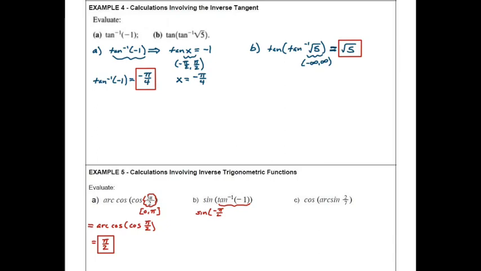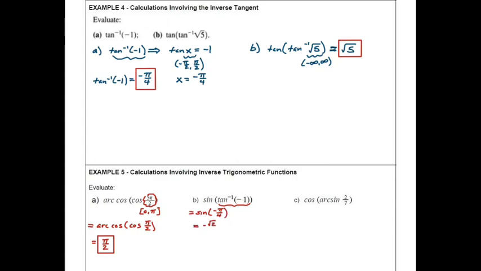Now if you look at part B, like I said, sine of tangent inverse of negative 1, the way we're going to evaluate this when the functions are not inverses of one another, so sine and tangent inverse, it's not like those can undo one another, is you're going to work inside to outside like you would in any composition of functions. So the first thing I'm going to find is tangent inverse of negative 1, which is negative pi over 4.